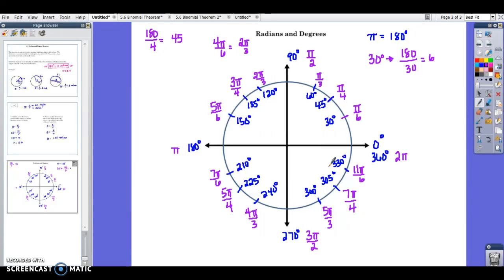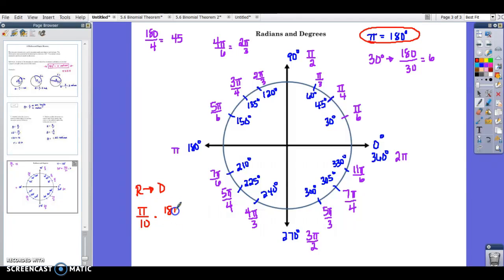But to convert from radians to degrees, if I'm going from radians to degrees, let's say I've got pi over 10 radians. All I'm going to do is use my conversion factor that pi is equal to 180 degrees.